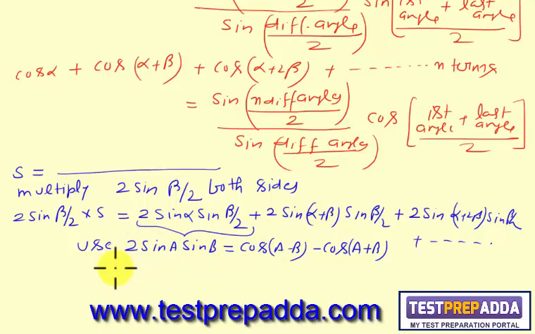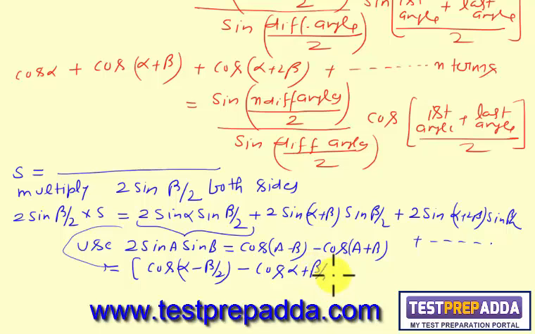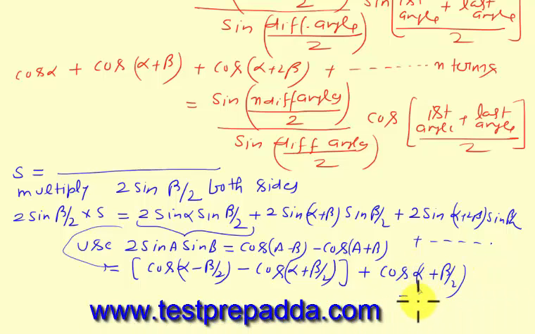Now, if I use this, then my result will come as cos (alpha minus beta)/2 minus cos (alpha plus beta)/2 plus cos (alpha plus beta)/2 minus cos (alpha plus 3 beta)/2, and so on.